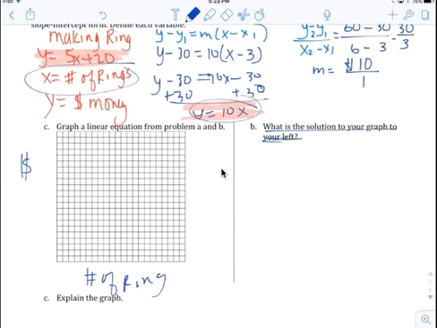In order to find the solution of the graph, you take these two equations: y equals 5x plus 20, and y equals 10x. We use substitution.